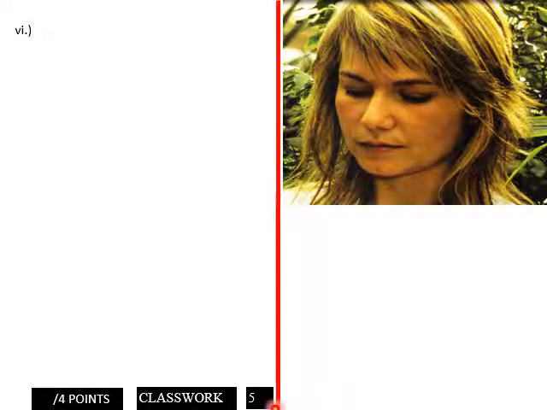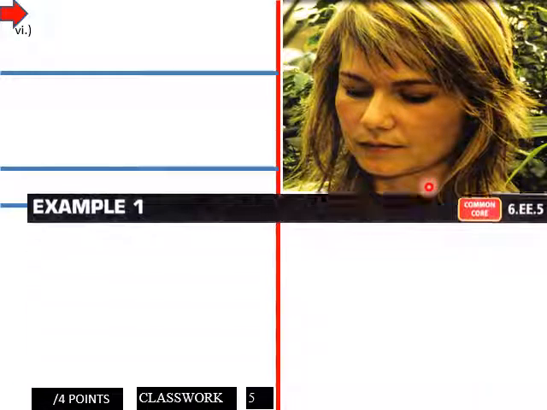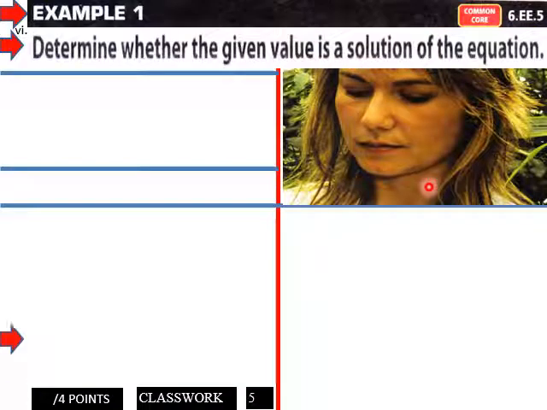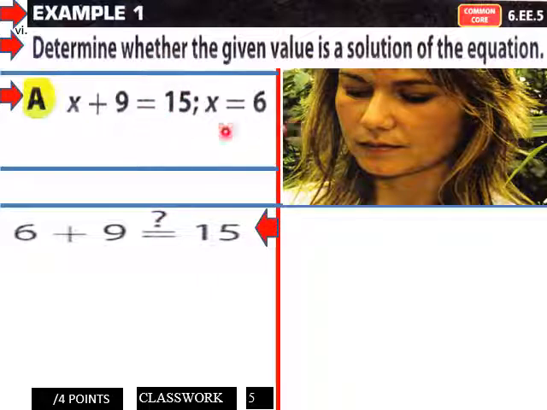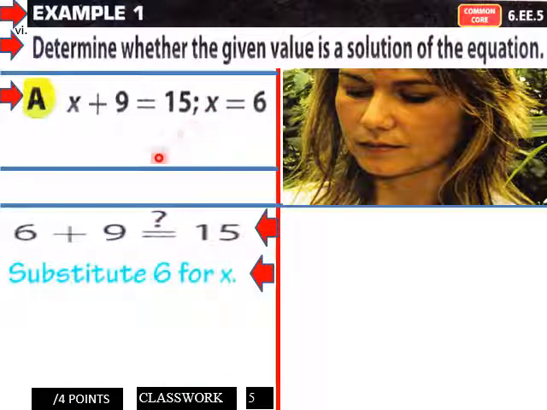Then page 5 of classwork. So example 1, determine whether the given value is a solution of the equation. x plus 9 is 15, x is 6. We're going to check whether this is correct, and this will show how to check any solution. Substitute 6 for x.